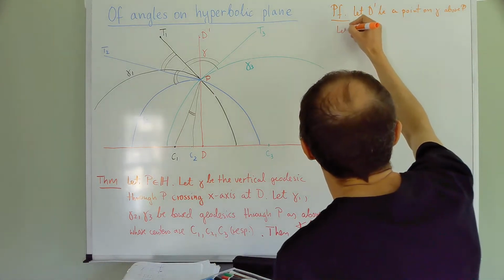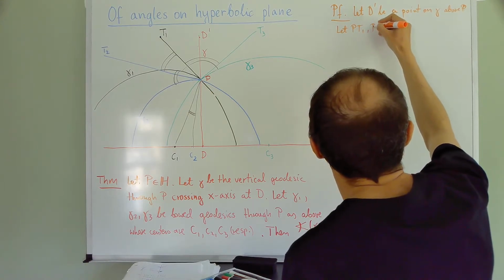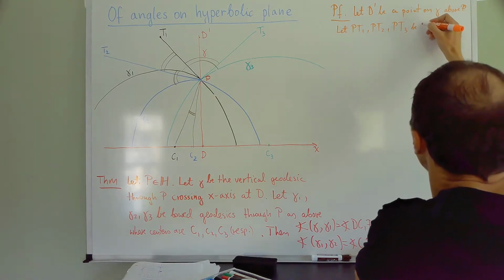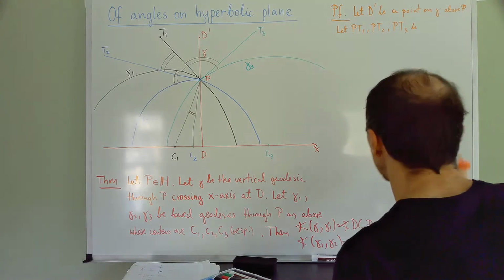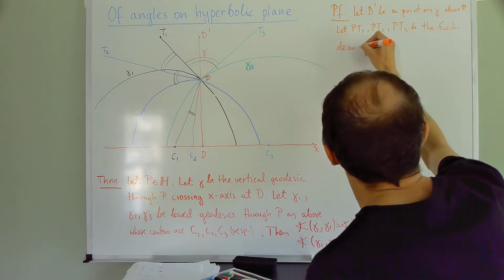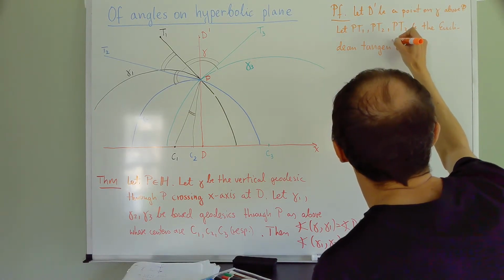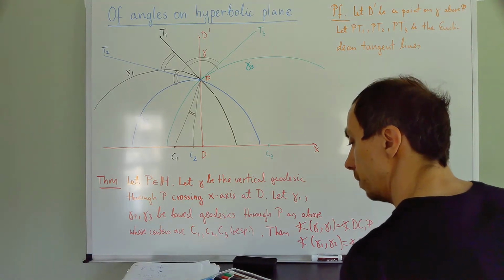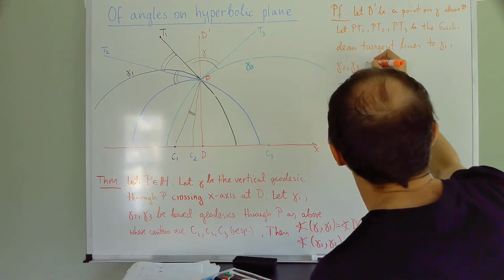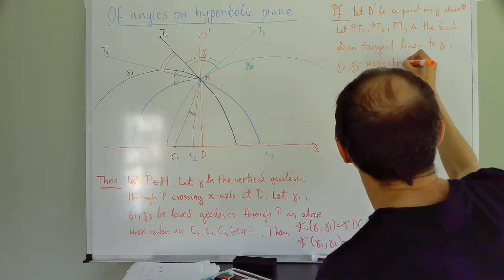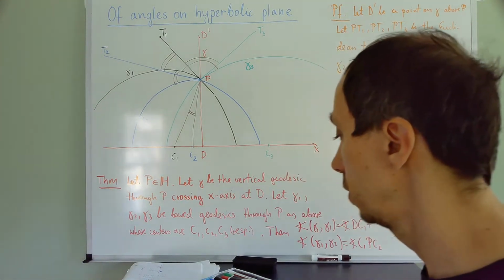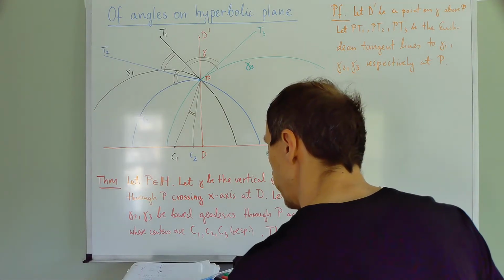So let P T1, P T2, P T3 be the Euclidean tangent lines to gamma 1, gamma 2, gamma 3 respectively at P. All I'm doing so far is just explaining the picture, introducing the notation in the picture.